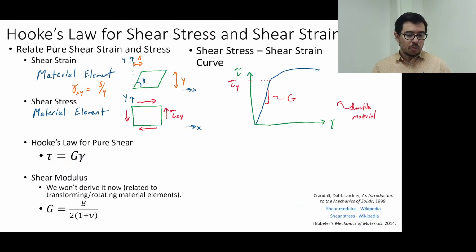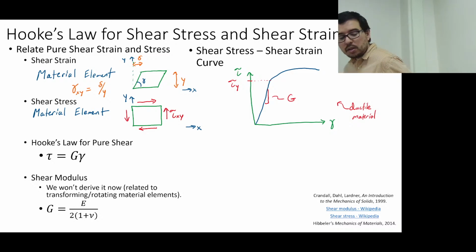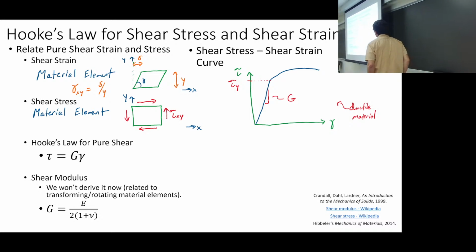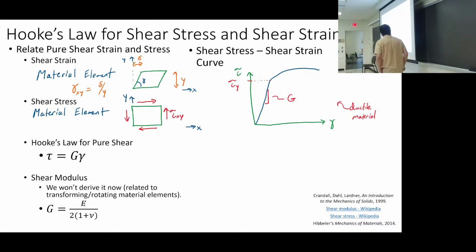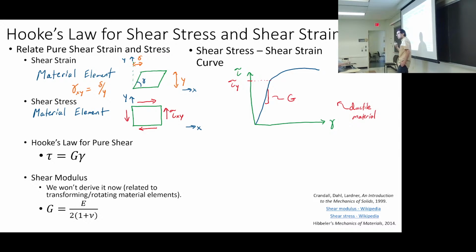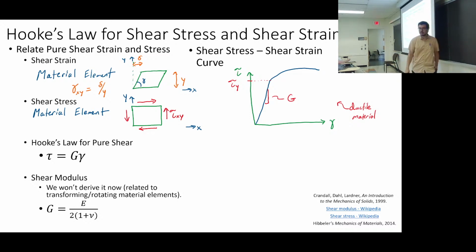There's a Hooke's law for shear stress and shear strain. Remember, Hooke's law for normal stress was sigma equals E epsilon. Here, tau equals G gamma. That's Hooke's law here, G times gamma.